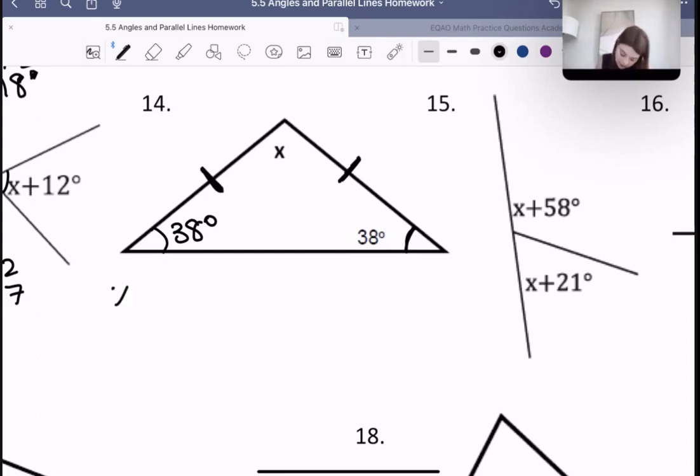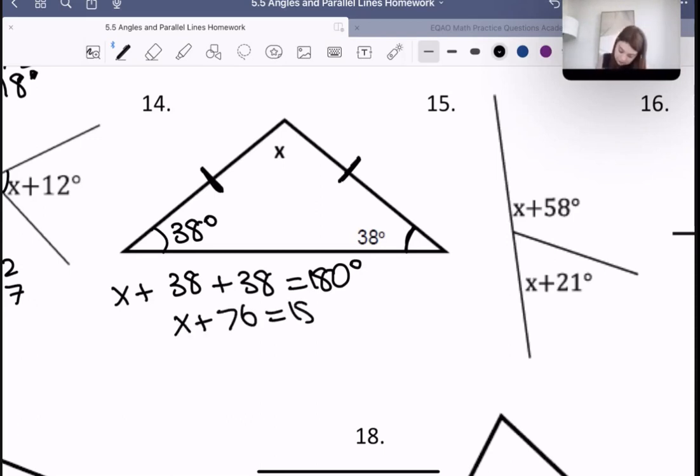We know that x plus 38 plus 38 is equal to 180, because all three of them together are 180. So we have 76. So that means x plus 76 is 180. And that means x is equal to 104. So there we go.